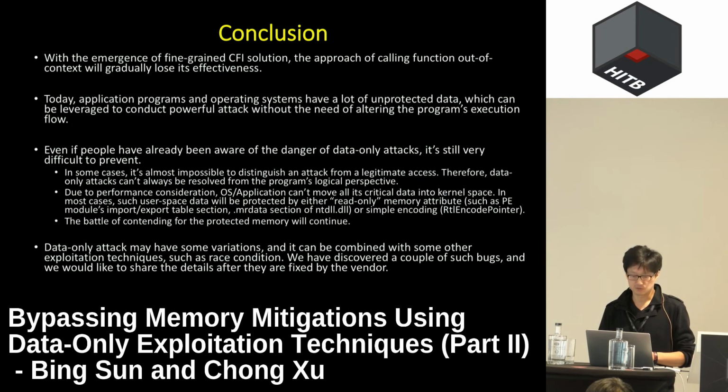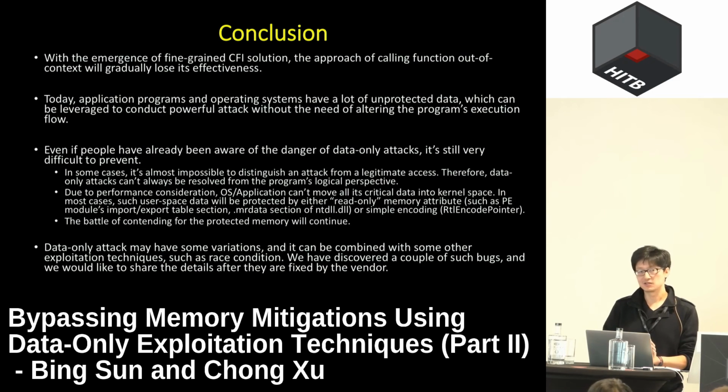It can be leveraged to conduct data-only attacks. Third, data-only attacks are difficult to prevent. Also, as awareness is raised about the danger of data-only attacks, the battle has now escalated to the contending of read-only, protected memory. There is not much low-hanging fruit.